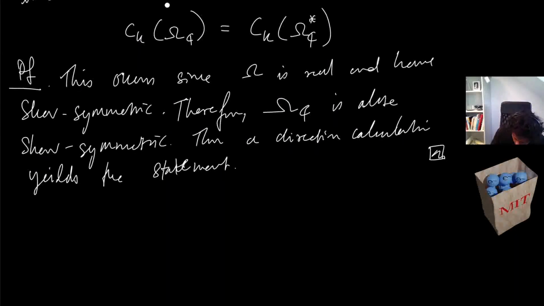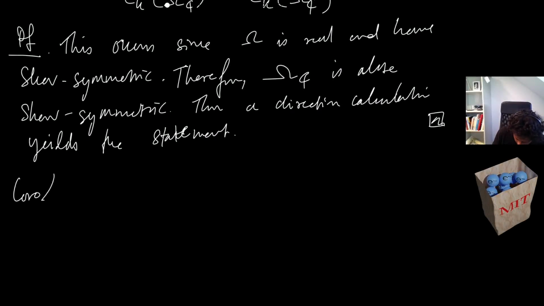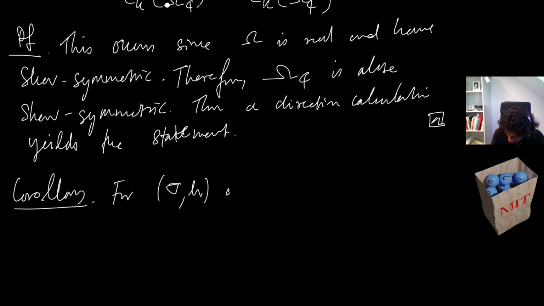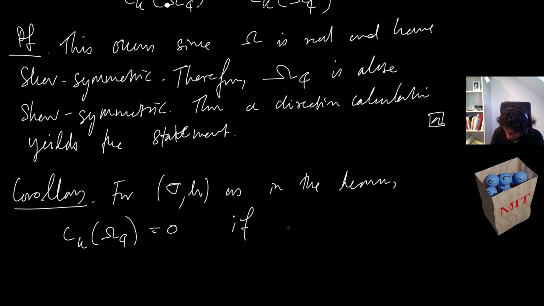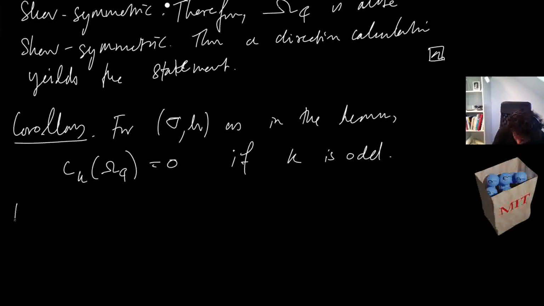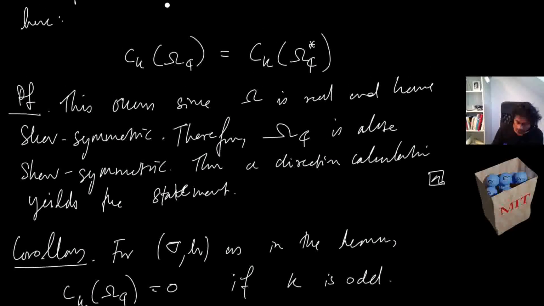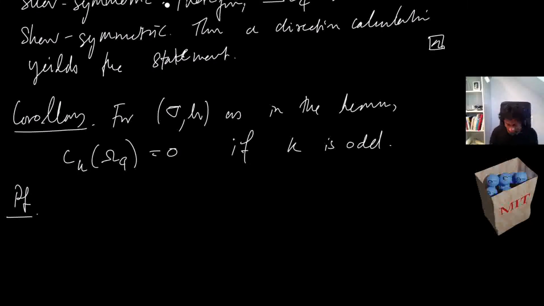But something very important happens now. Let's write a corollary of this. For nabla H as in the lemma, C K of omega C is 0 if K is odd. What is the proof of this? We've already seen that due to the skew symmetry, C K of omega C and C K of omega C star are equal. But we have something more happening now.